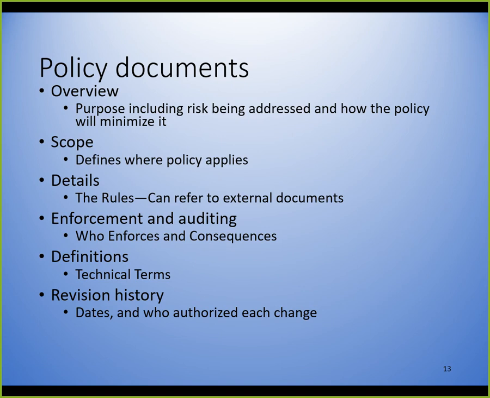They can refer to external documents, and they could refer to other policies, that certain things will be done in accordance with a certain policy, or a certain standard operating procedure, or certain standards, whatever we're going to do. But the details are the rules, the things that are going on. And then the enforcement and auditing. Who enforces it? What are the consequences that are involved in it?